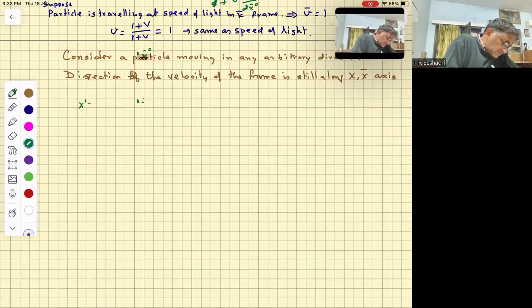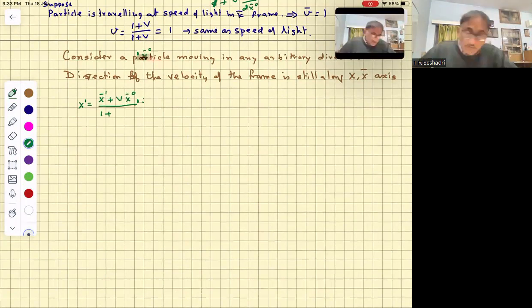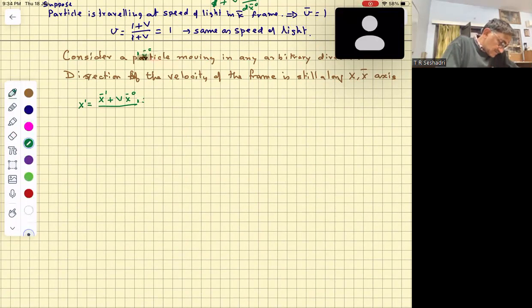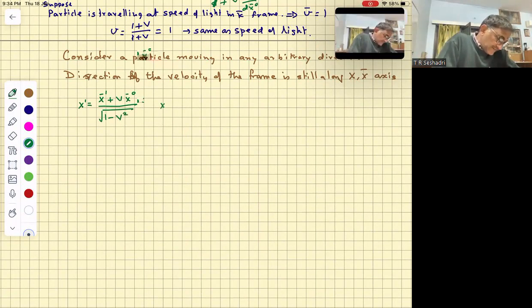I have x1 equal to x bar 1 plus v x bar 0 by square root of 1 minus v square, and x0 is equal to x bar 0 plus v x bar 1 by square root of 1 minus v square.